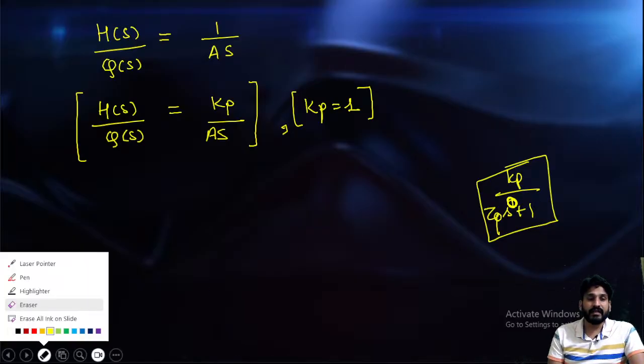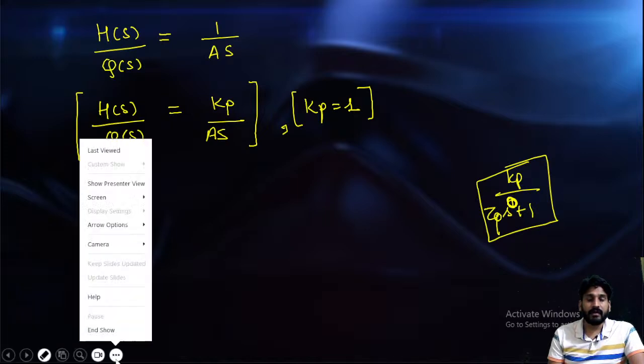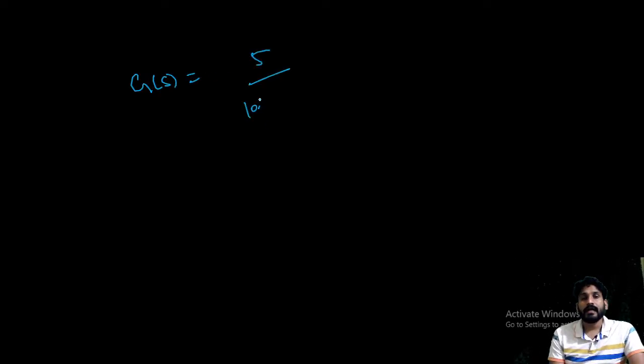If I give you a very quick example, this is what I'm trying to say. Like I have a transfer function equal to 5 divided by 10s plus 15. The question is to find out Kp and tau p. You cannot say Kp is equal to 5 and 10 is tau p.